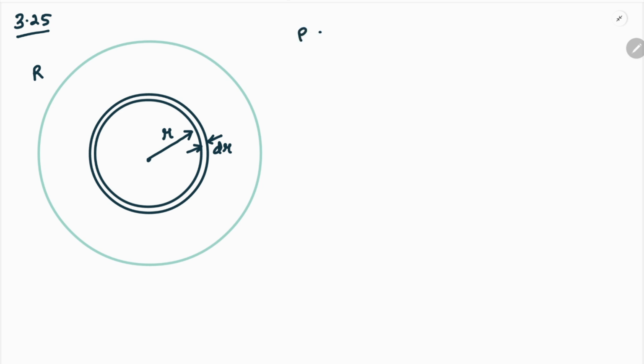where volume charge density rho equals rho naught (1 minus small r by capital R), and rho naught is a constant.